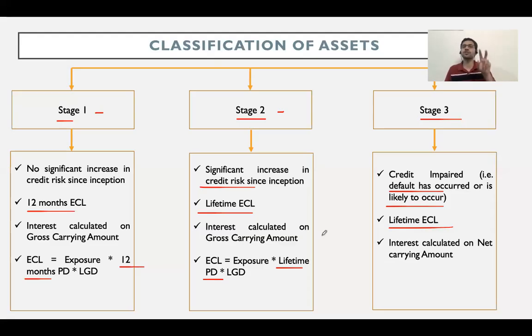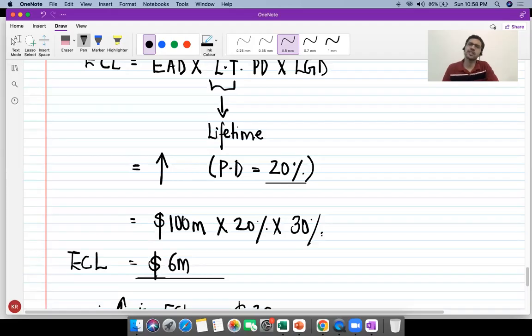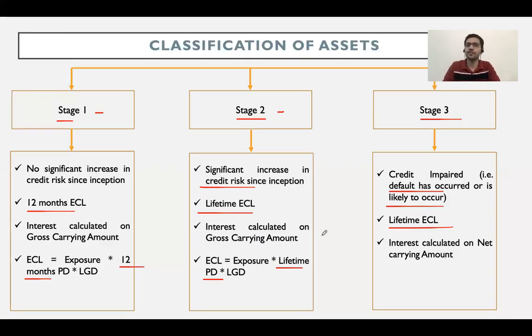All right, so in terms of calculation of ECL under stage 2 and stage 3, there is no change to the fundamental formula. We use lifetime PDs in both the places. Obviously, there can be a review of the parameters that have actually been used. Then the question is, why do we have a different classification between stage 2 and stage 3?